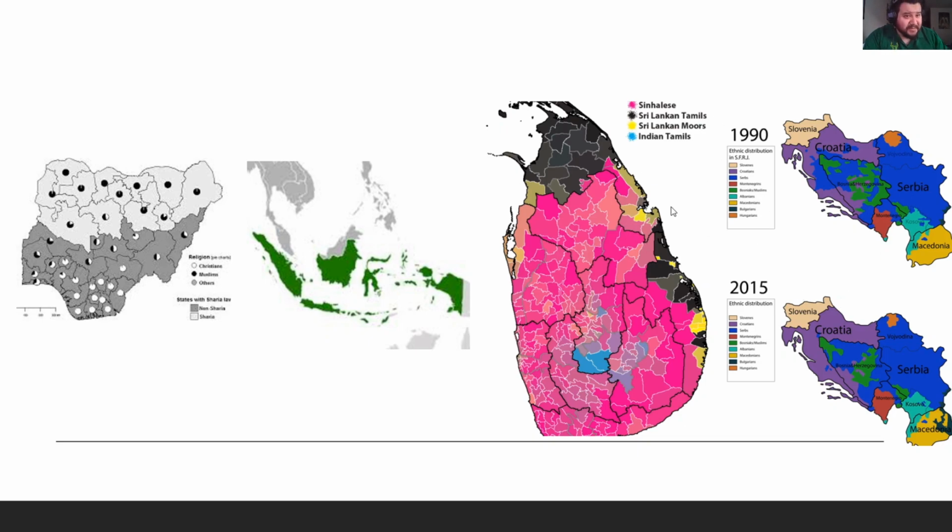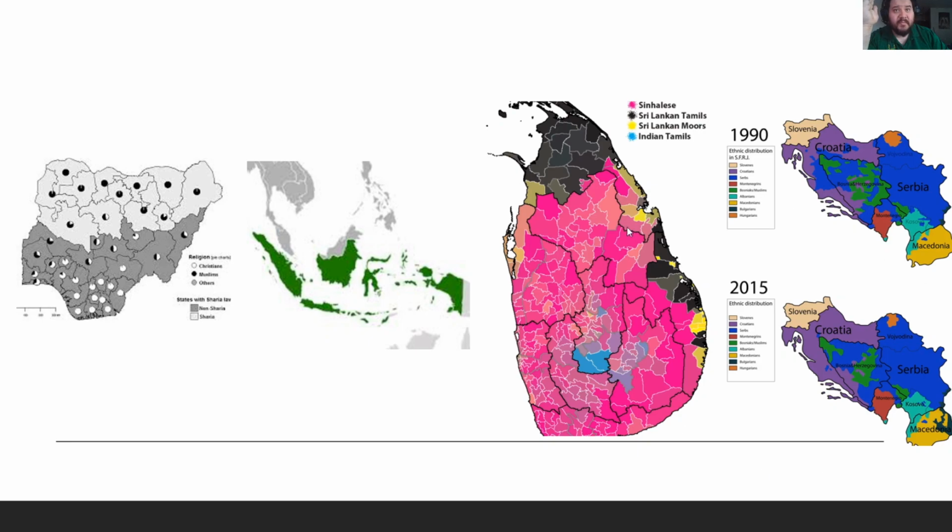Now, we have some differences here, and we're going to touch on that with Sri Lanka first, where we have one majority culture, which are the Sinhalese, right? We're looking at ethnic identities, so the Sinhalese majority who are Buddhist, who speak their own separate language from Tamil. We have Sri Lankan Tamils, we have Indian Tamils, but we have the Sinhalese who are Buddhists.